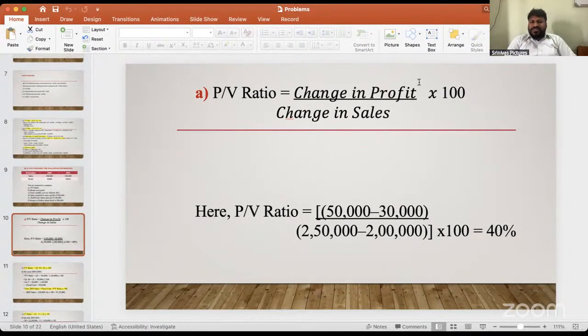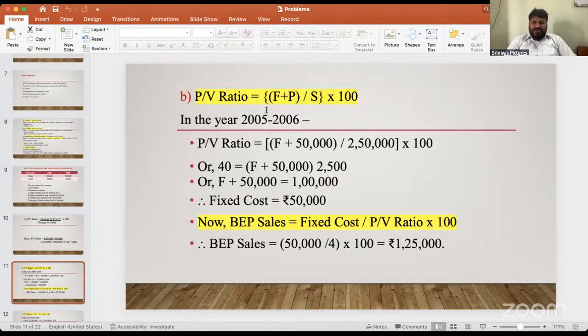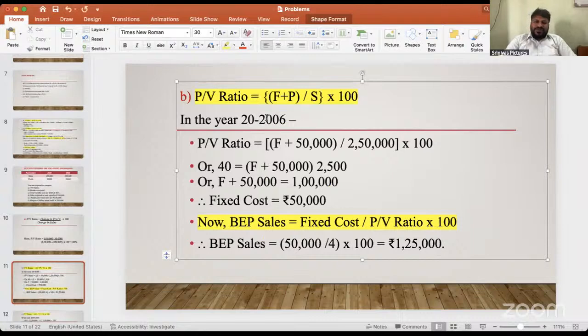So PV ratio is change in profit by change in sales, that is 40%. I took 50,000 and 30,000, and here 2,50,000 and 2 lakhs. So 20,000 and 50,000 gives 40%. Next, the PV ratio for the years 2020 and 2021.